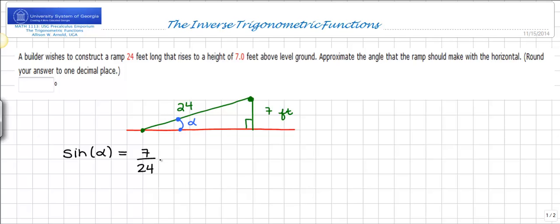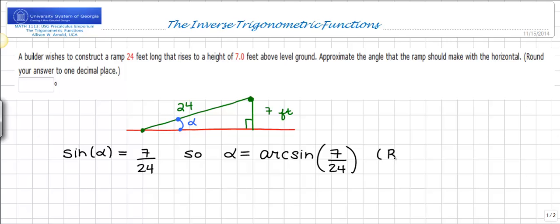The nice thing about right triangles is that all of the angles, with the exception of the right angle, are acute, so you can confidently use your inverse trig functions on acute angles and end up in the right place for the angle. So in this case, alpha would be arc sine of 7/24.